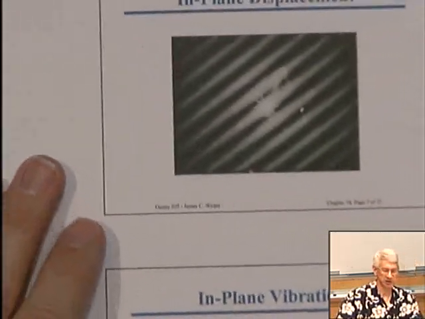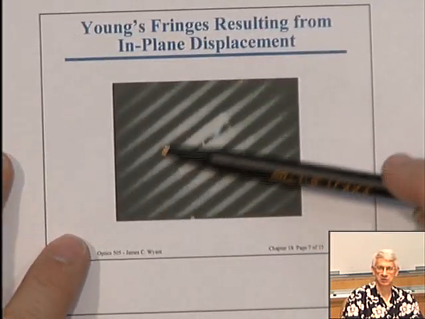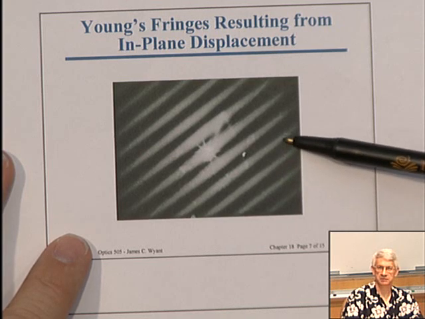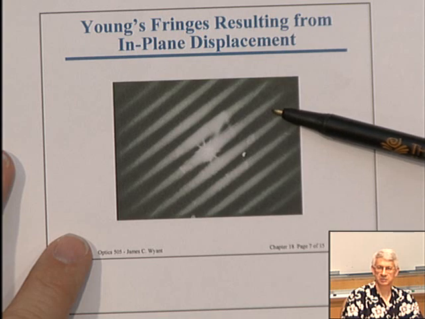And you can see that very clearly with this photograph of that situation where we've recorded the speckle on a plate and then kept the same geometry but displaced the object.